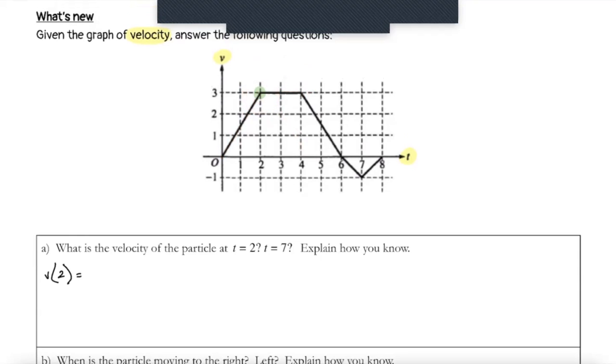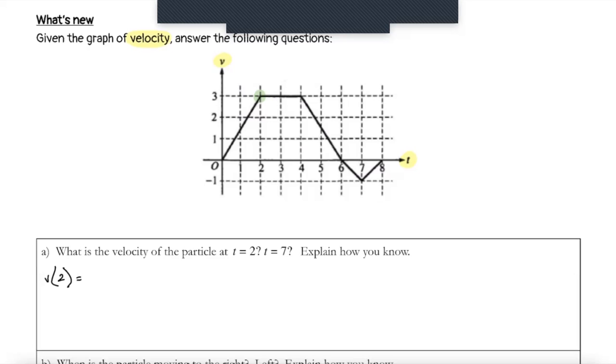However, this is not a graph of position. Velocity does not always mean slope. Velocity means slope on a position graph. But if we're not looking at a position graph, then we have to look for something different.